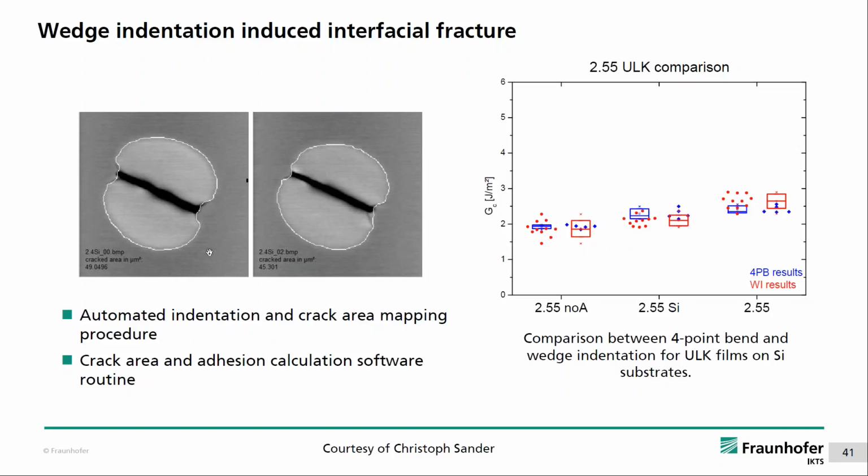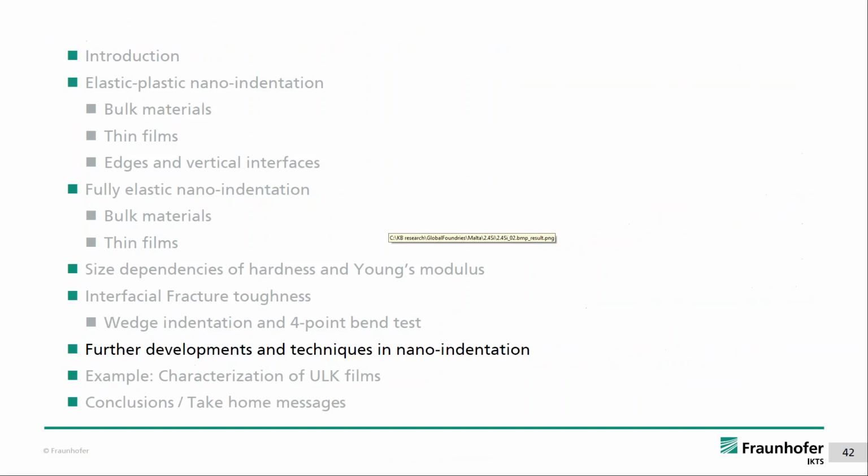We determine the crack size, and then we determine the fracture toughness. And this is a comparison between 4-point bend and wedge indentation results, which are pretty promising. So they are almost identical. This was fracture toughness, which is an important point in micro and nanomechanics.